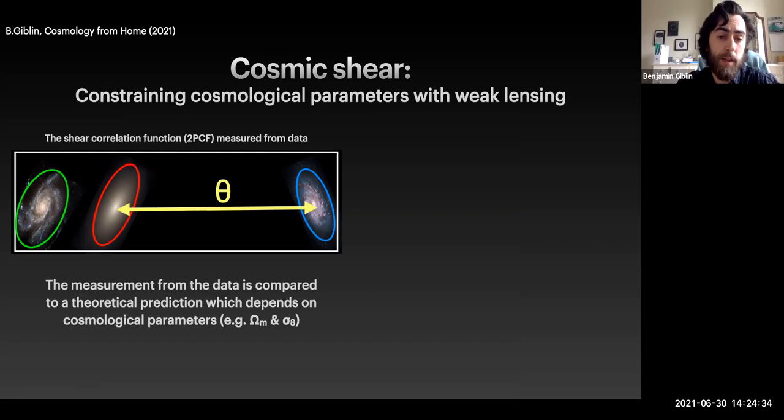And the shear correlation function is sensitive to cosmological parameters. So you can compare that measurement from the data to a theoretical prediction, which depends on these parameters.